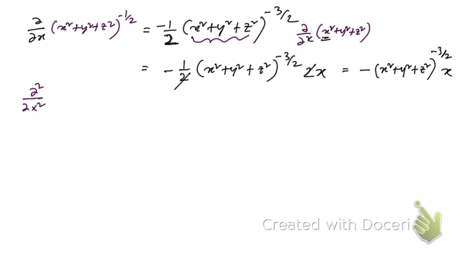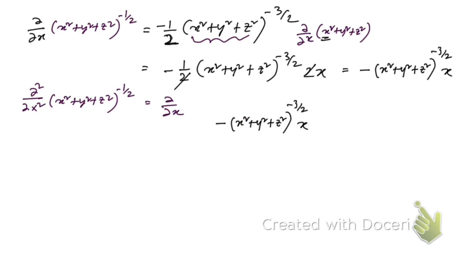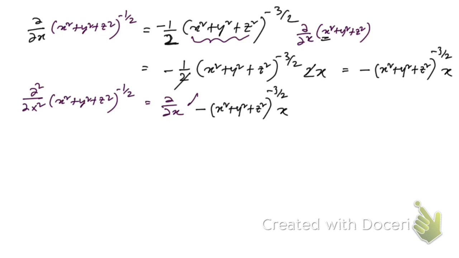Now if we differentiate this again with respect to x, that means we find the second order derivative of this. We need to differentiate this term again. This is nothing but del x of this part.